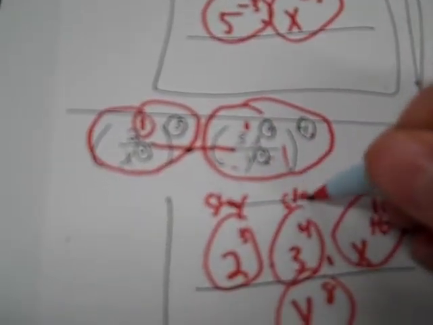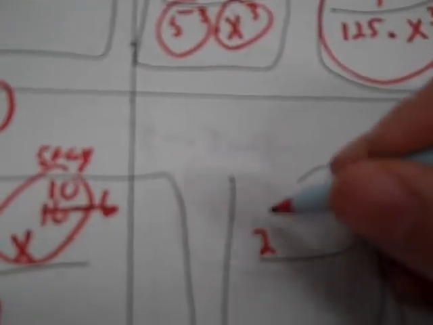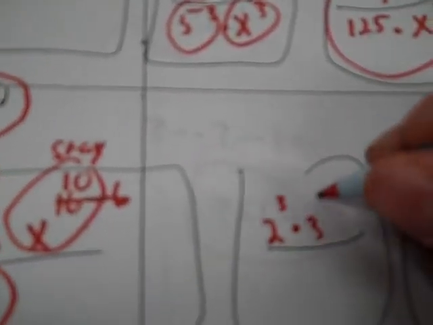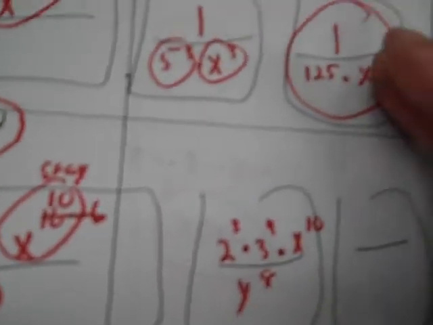Stay, stay, stay, and stay. Okay, so they're all staying where they're at. So 2 to the 3rd's on top, it stays on top. 3 to the 4th's on top, it stays on top. X to the 10th's on top, it stays on top. Now on the bottom, y to the 8th's on bottom, it stays on bottom.